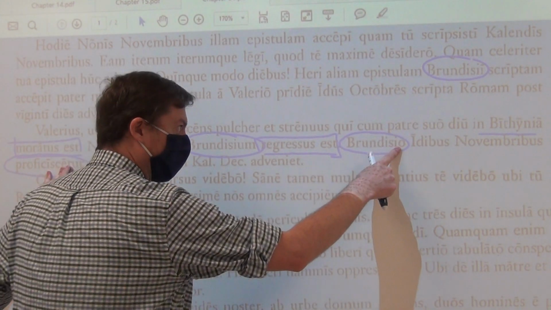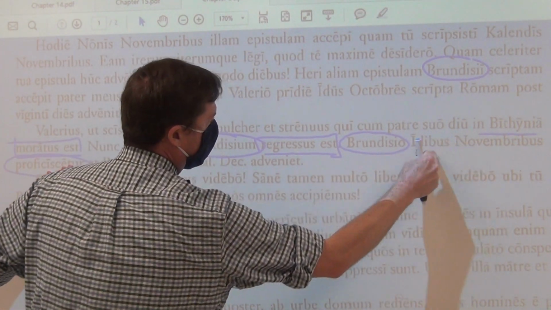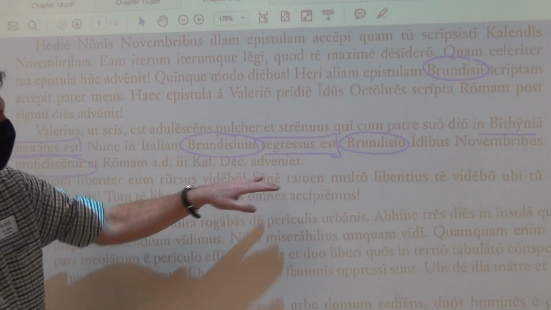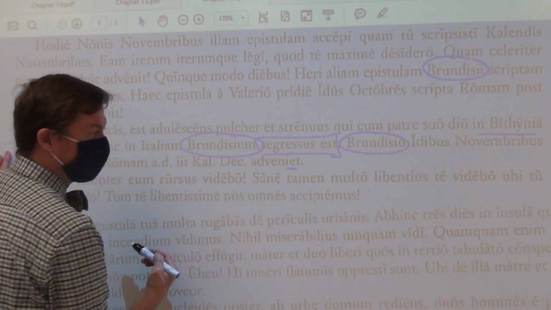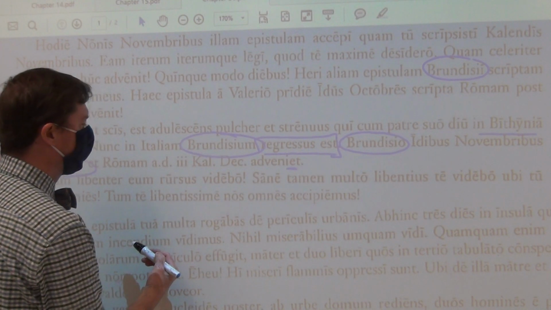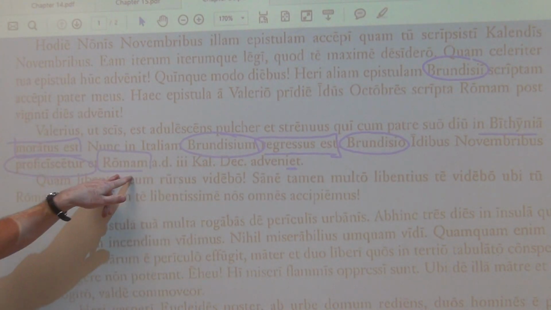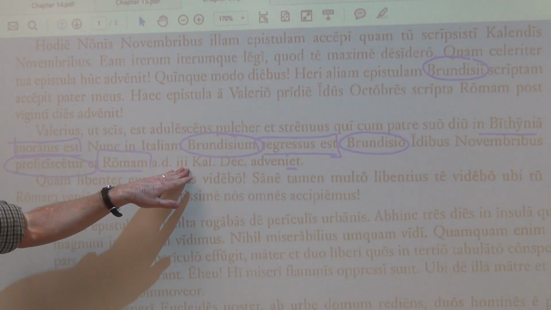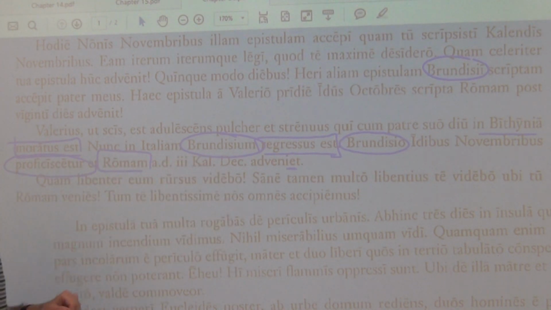from Brundisium, ablative, on the November Ides. So when are the November Ides? Remember, that's not one of those 4 months, March, May, July, October, so the Ides for them are going to be the 13th. And he will arrive, if I see a long E, future it'll be, to Rome. You see in the accusative, to Brundisium, to Rome, on the third day before the December calends.